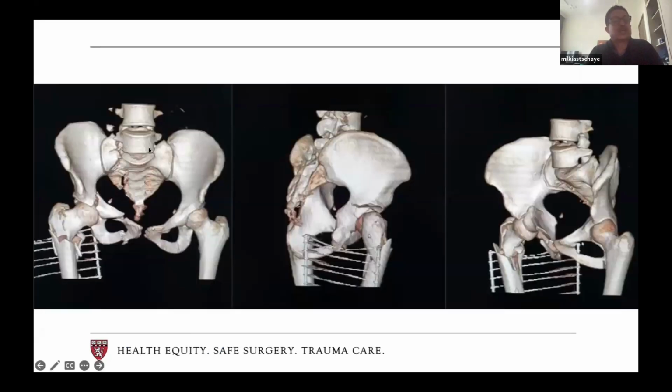Here is her CT, which shows a complete sacral fracture, a transverse L5 process fracture, and a quadrirami fracture with acetabulum fracture, which we have already described on the X-ray and which is already seen on the CT scan.